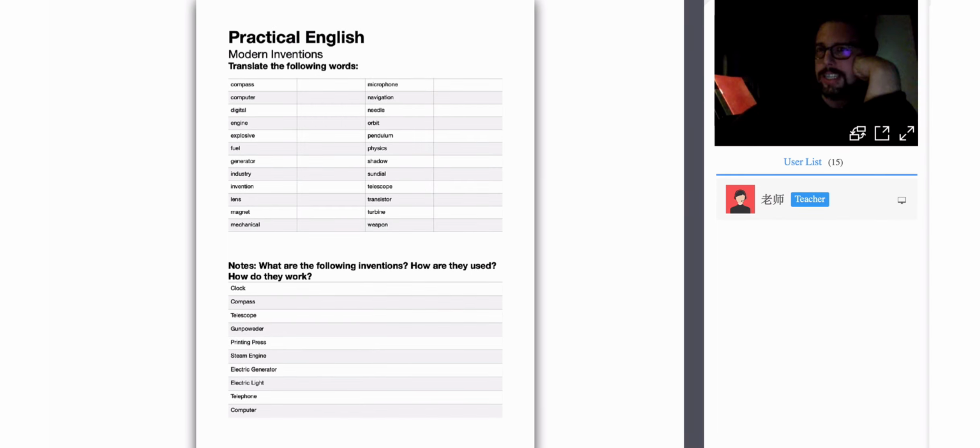The course that I have taught for the last year, I suppose, has been practical English. Practical meaning useful, useful for certain types of conversations.